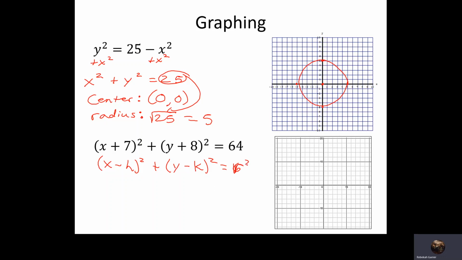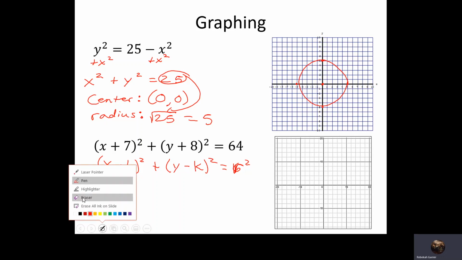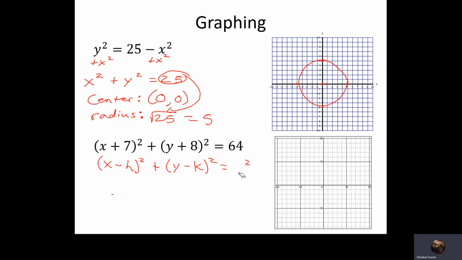That's the formula we're going to compare. I'm going to give you this formula on the test.